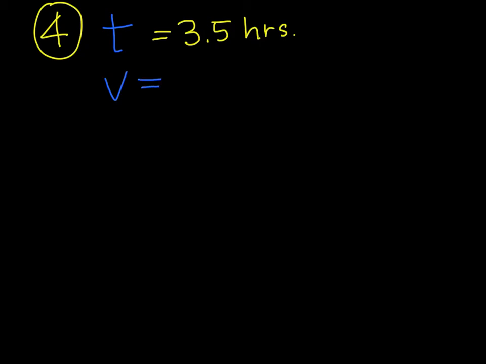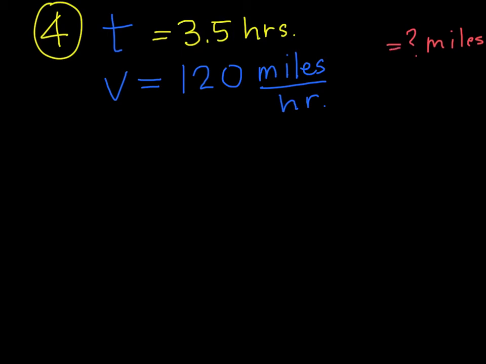It's giving us velocity. And that was 120 miles per hour. And the question is, it's asking us how many miles, right? Well, what is miles? That's distance. So we're having to find distance.